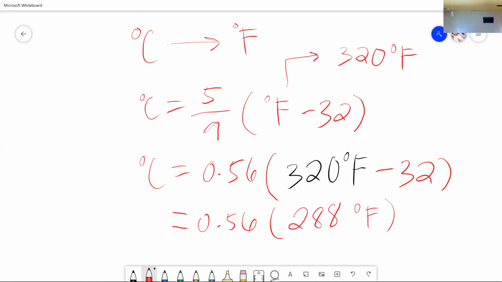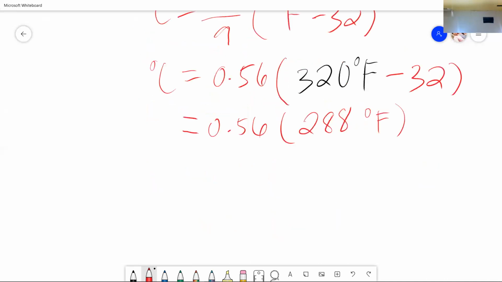Next is get the product. So 288 times 0.56, and that is 100. Wait, let's change the color into black.